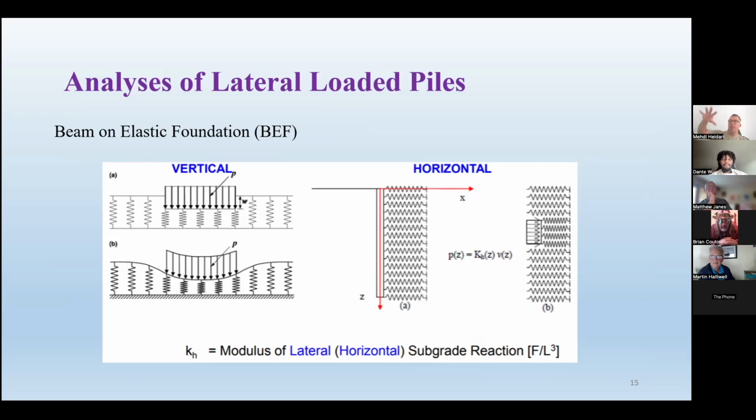You can replace soil in your model with a bunch of springs, and these springs can represent the soil, and you can find the internal load in your structure, like a pile or foundation, and also the deflection of these systems. So that was the main concept.